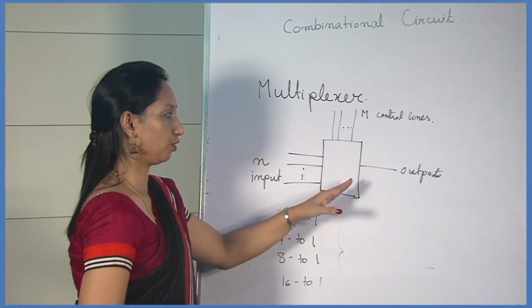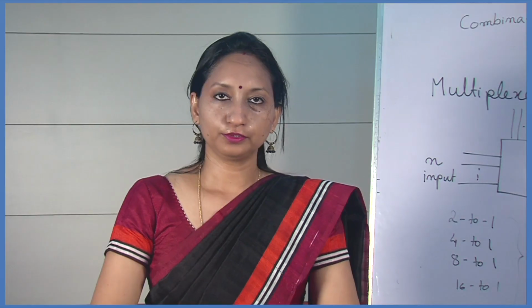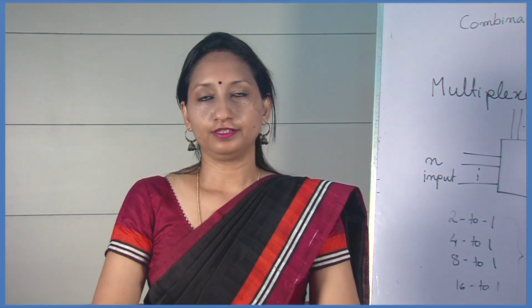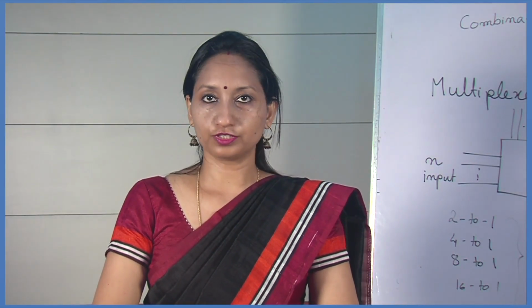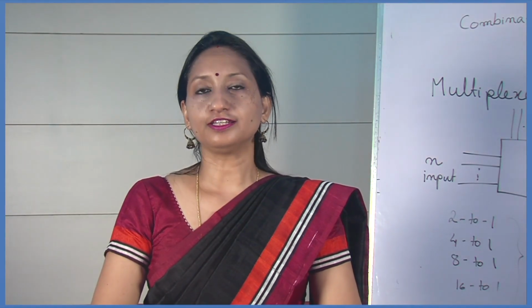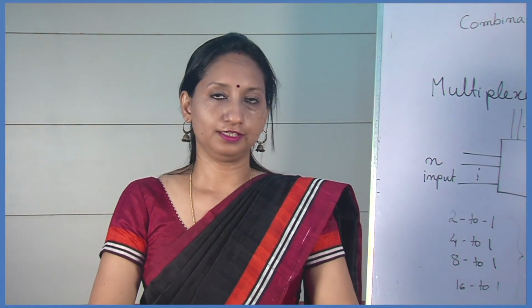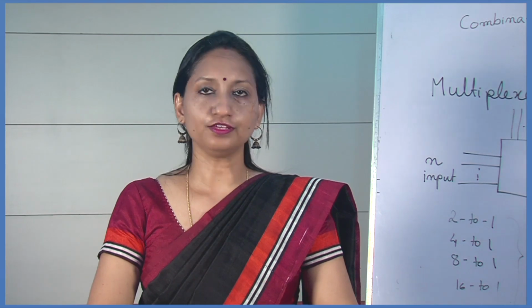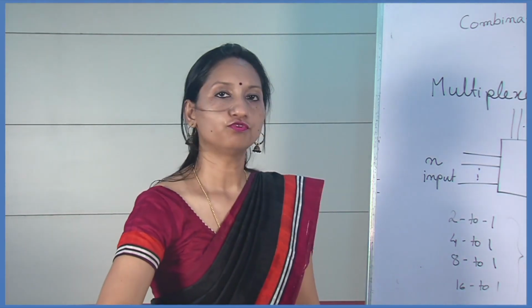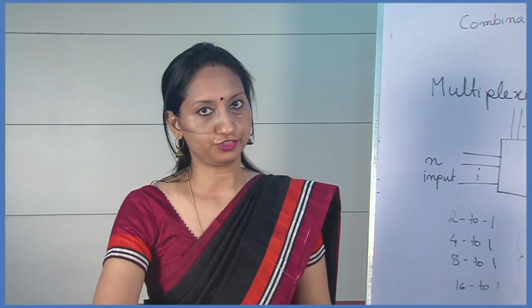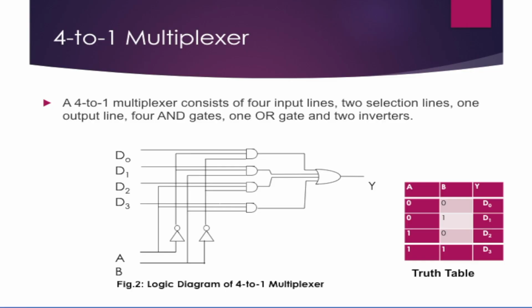Here the output is always 1. So in a multiplexer, the selector inputs determine the output. In this case we check the 4:1 multiplexer. So first let us see the 4 to 1 multiplexer.